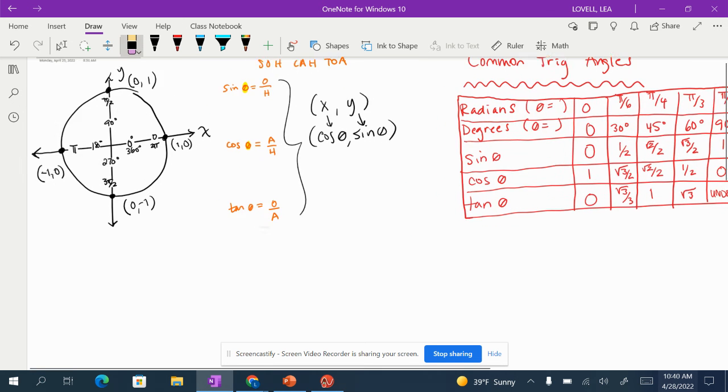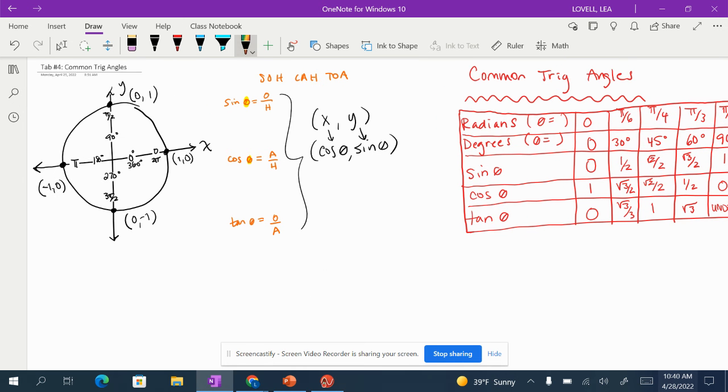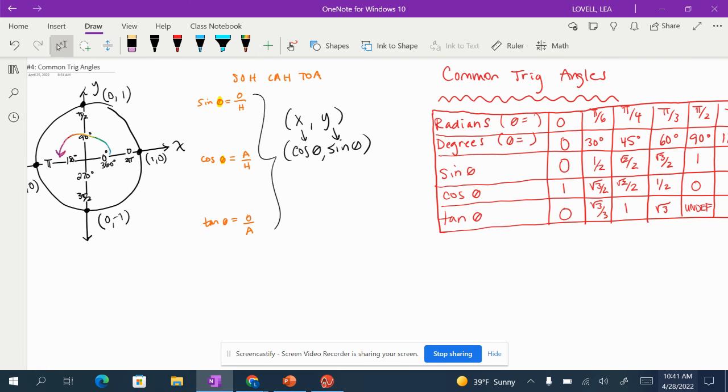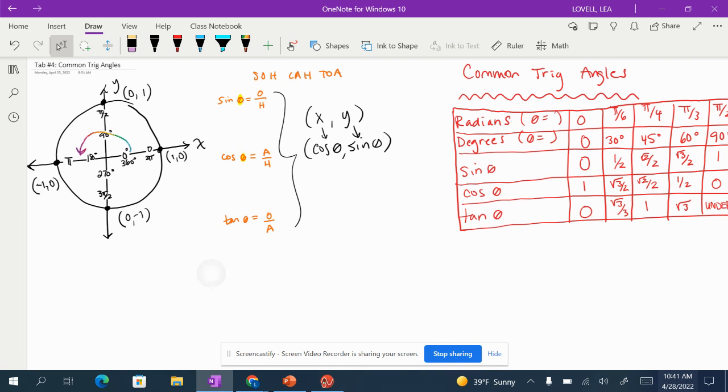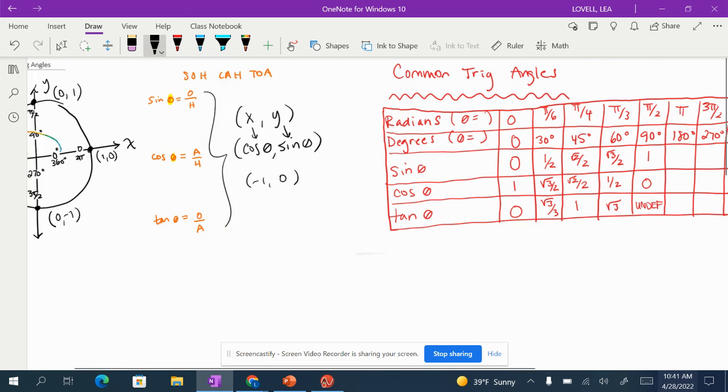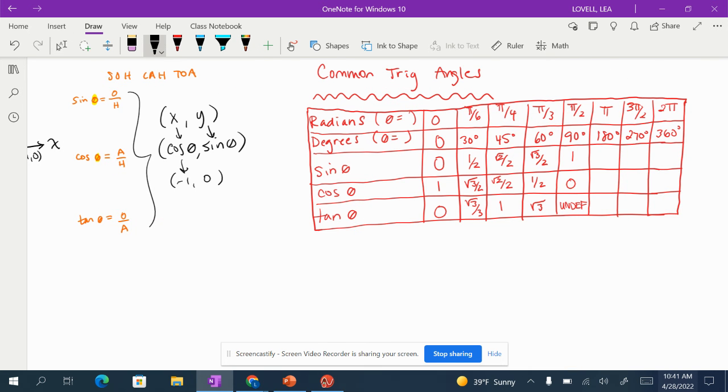When our theta or our angle is pi, so we started here and rotated all the way over to pi, we have a point on the unit circle that is -1, 0. We know that the x-coordinate is the cosine and the y-coordinate is the sine. So the cosine of pi is -1.